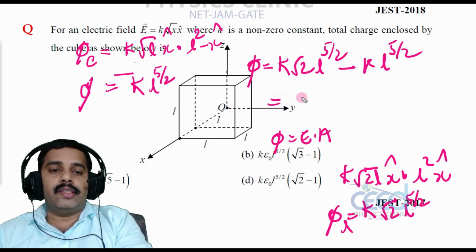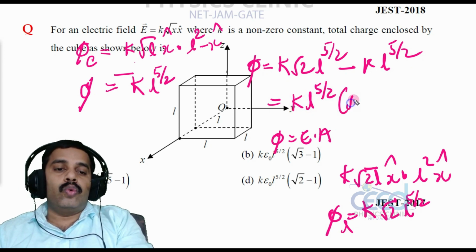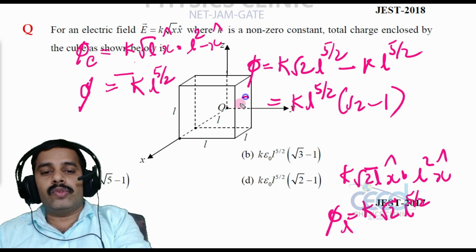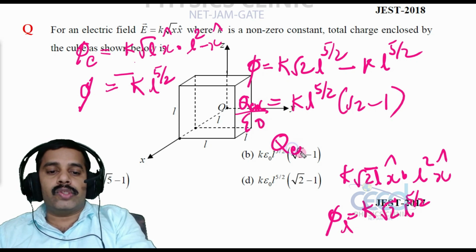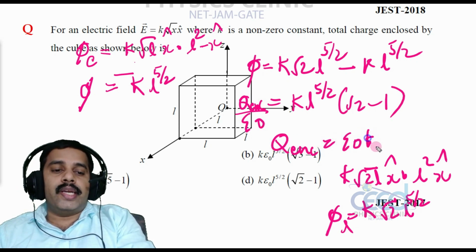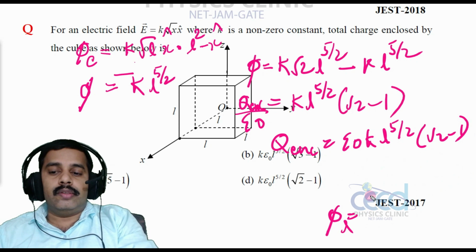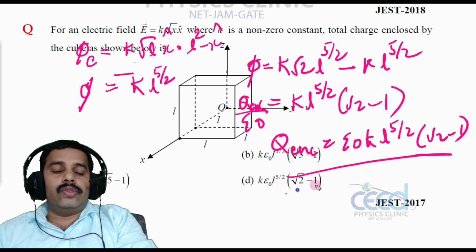So we can write this as k L raised to 5 by 2 into root 2 minus 1. Flux is equal to q enclosed by epsilon 0. So q enclosed is epsilon 0 k L raised to 5 by 2 into root 2 minus 1. This will be the answer.